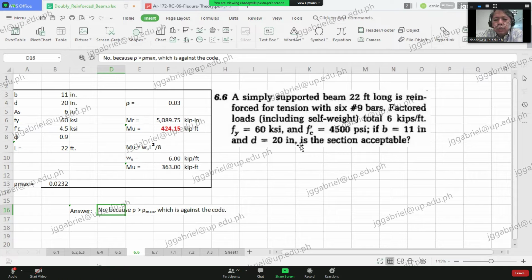Even if we have already instituted load factors and capacity reduction factors, there is a chance that you still will not reach the required capacity. So the answer is no, even if this one is greater than this one.